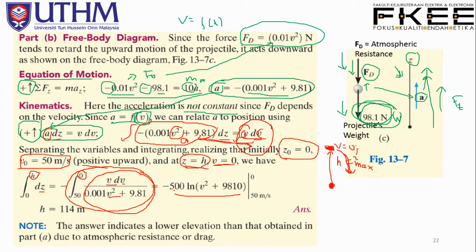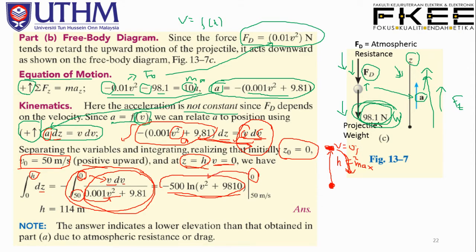Okay, minus 500, and of course you need to substitute the value of 0 and the value of 50. So substitute into this v and this v after you have done the integration, and then you get minus 500 ln of v squared plus 9,810, and then again substitute. This is what I meant just now.